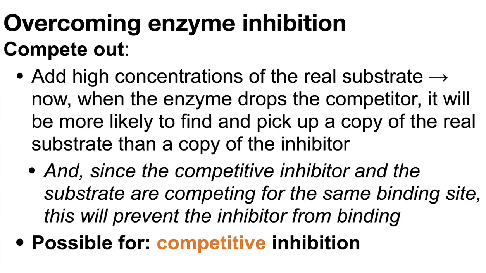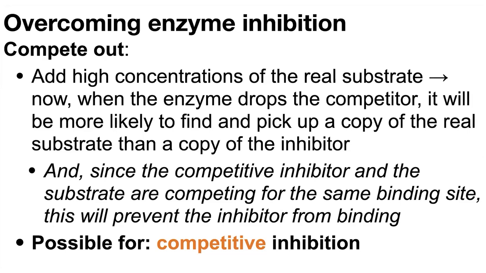So when I talk about competing out, this is saying that I'm adding a bunch of the actual substrate to flood out the fake substrate, that inhibitor. And this only works, however, if the inhibitor and the substrate are binding to the same location. So now when that enzyme drops that inhibitor, it is likely to find substrate and not inhibitor.